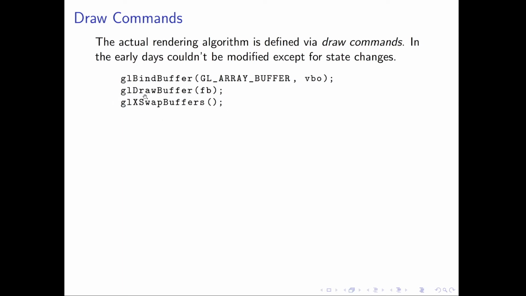This actually happens with operating system calls that interact with OpenGL, and we usually cannot do this via the graphics API directly. We would usually use a function like GLX swap buffers, and Windows and macOS have similar functions for that. So we would instruct OpenGL to swap the front and back buffers and therefore display the image.